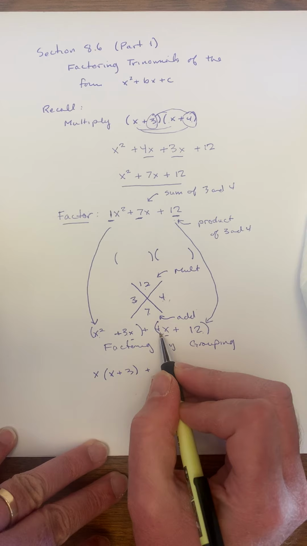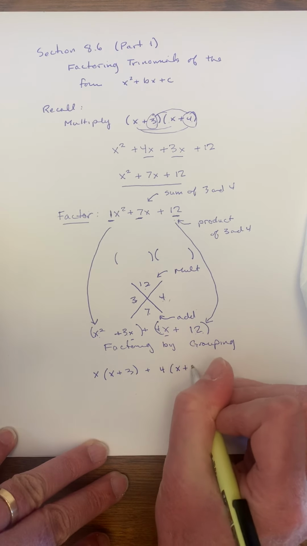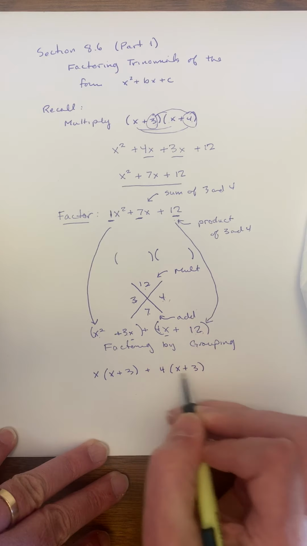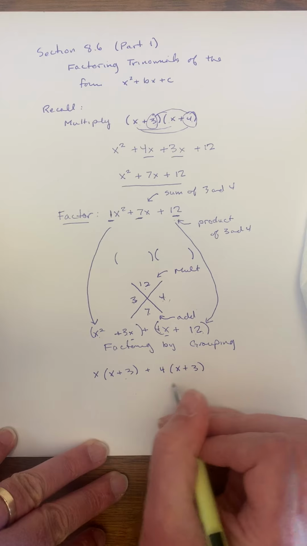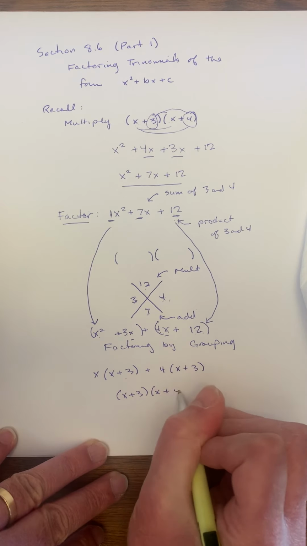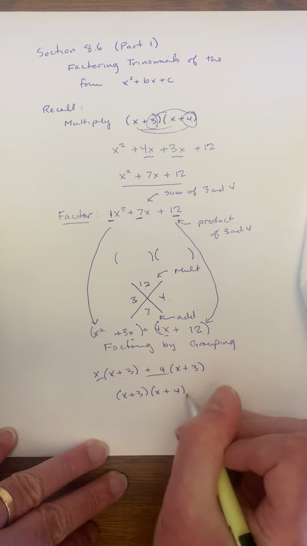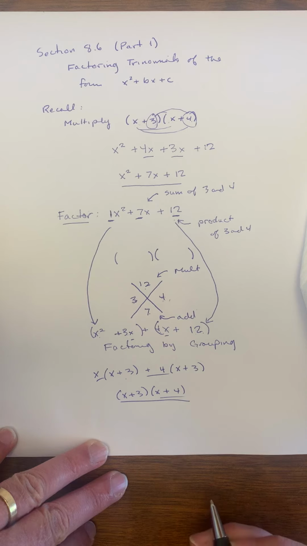Looks like we can take a 4 out, and then we'll have x plus 3 left. 12 divided by 4 is 3. Notice that those are both x plus 3's, so if I take the x plus 3 out to the front, I have x plus 4 left behind, and there is my factoring.